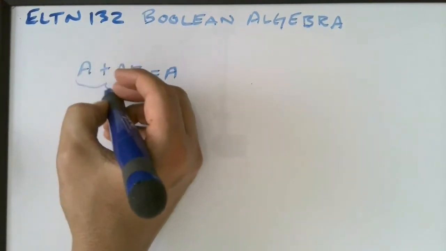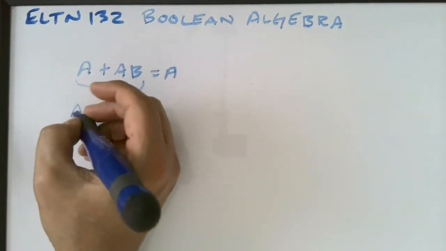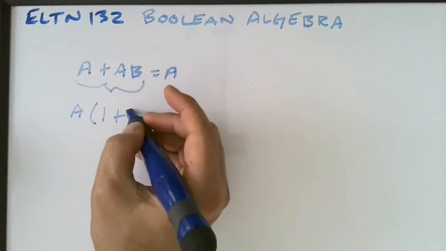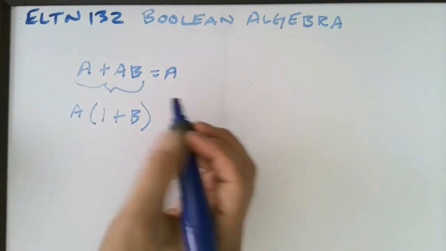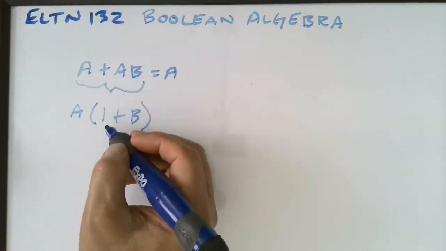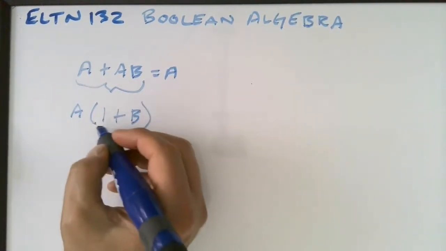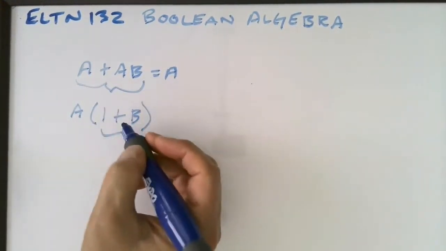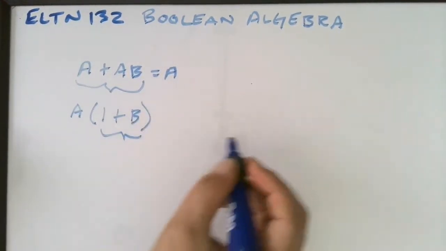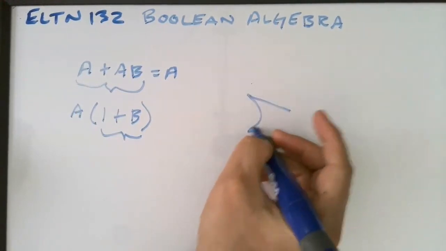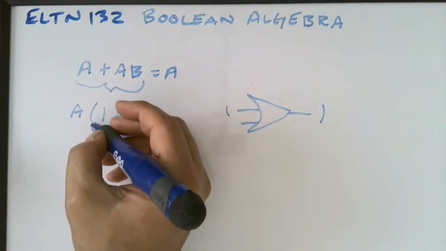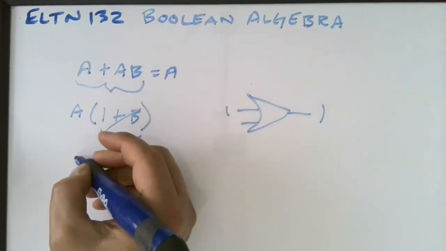So we're going to look at this part of the expression, and we're going to factor out an A. And it's 1 or B. So anytime that we have a 1 or some term, remember that ends up being a 1, simply because anytime you have an OR gate, and if one of the inputs is always a 1, the output has to be 1. So that part of the term becomes a 1 there.